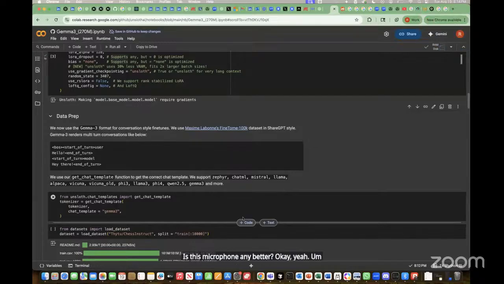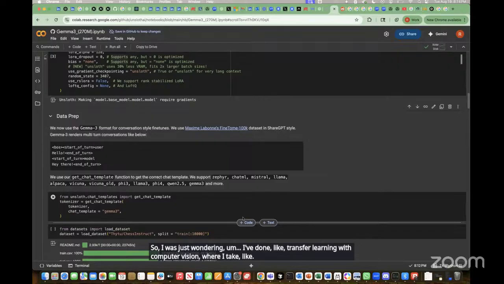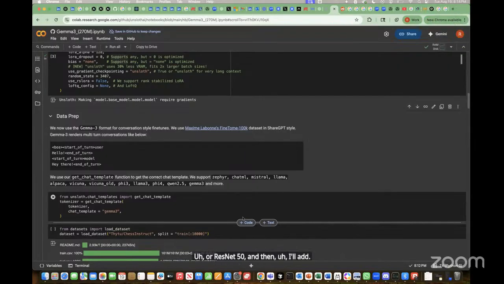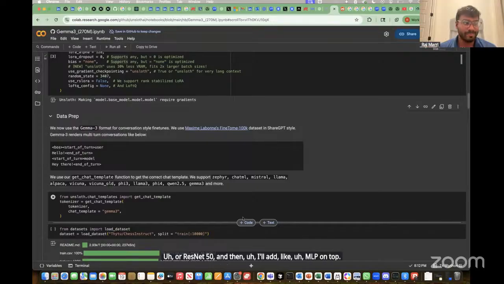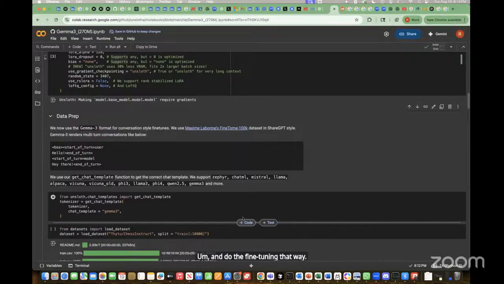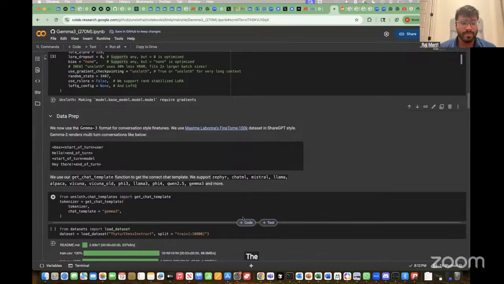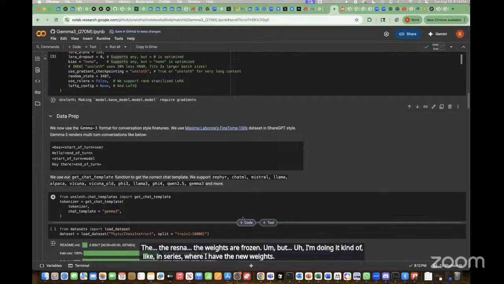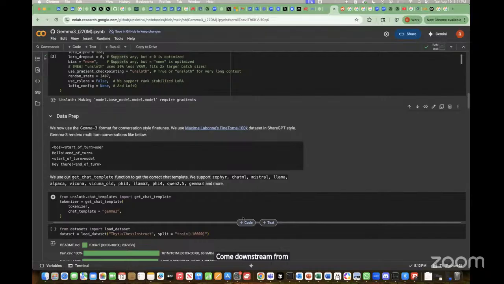So I was just wondering, I've done transfer learning with computer vision where I take AlexNet or ResNet 50, and then I add an MLP on top and do the fine tuning that way. In that case, the ResNet weights are frozen. But I'm doing it in series, where I have the new weights come downstream from the output of ResNet.